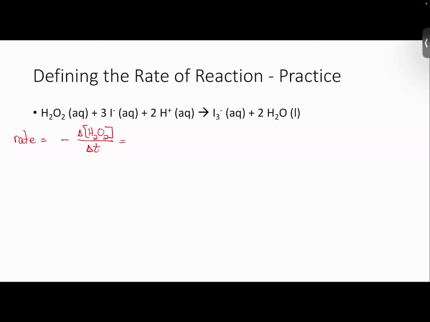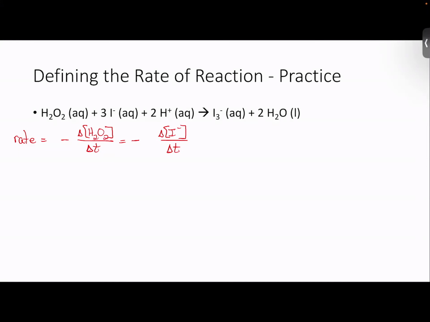That is equal to our iodide ion. Again, it's a change in iodide concentration versus a change in time. But the iodide is a reactant, and so it is disappearing, and so we have a negative value.